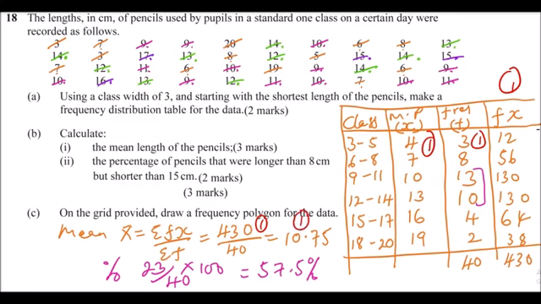Then for this one, you get 1 mark for the method and 1 mark for the answer. And the total, you should be at total up to 10 marks. So that's how you are supposed to answer that question. This is from the Form 2 topic, statistics, where you are taught the statistics one.